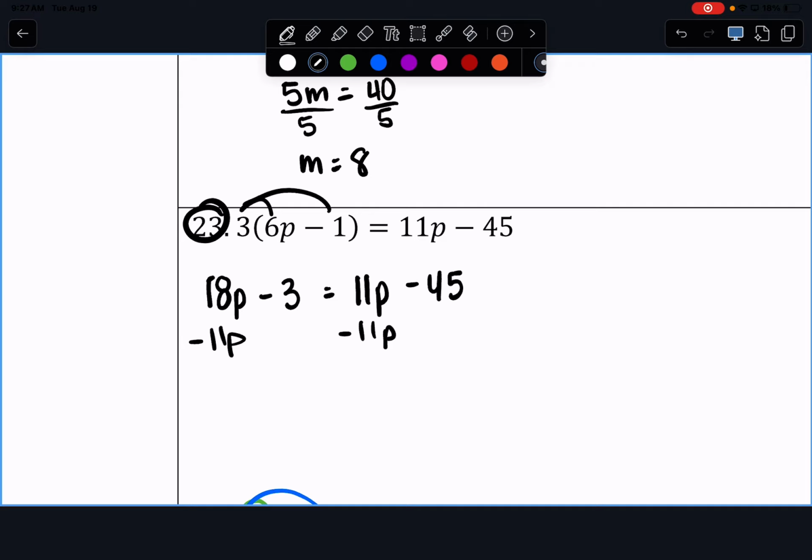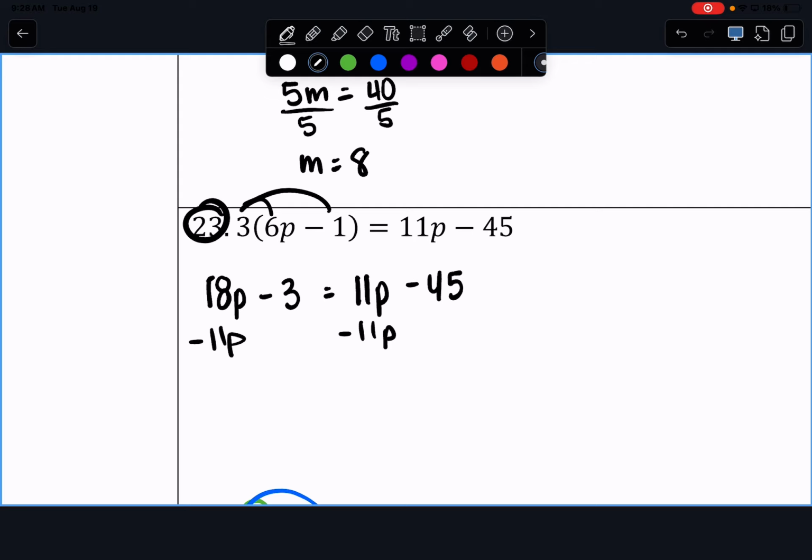Okay, 22. Corbin, what did you get? 8. All right, anybody disagree with that? All right, cool. All right, 23. Aubrey, what did you get? Perfect. Did everybody get that? Or is it -6 or +6? It's -6. All right. So we all got those.